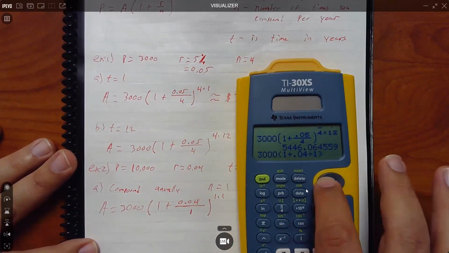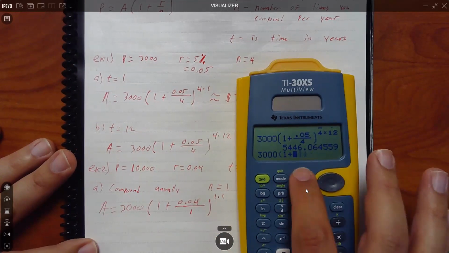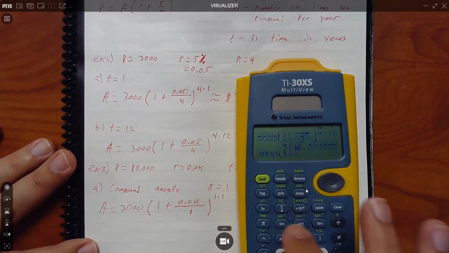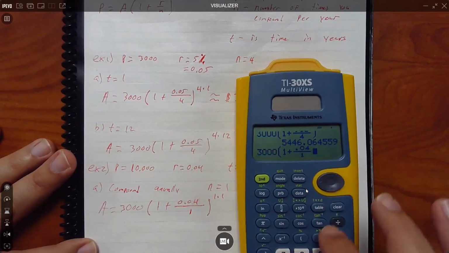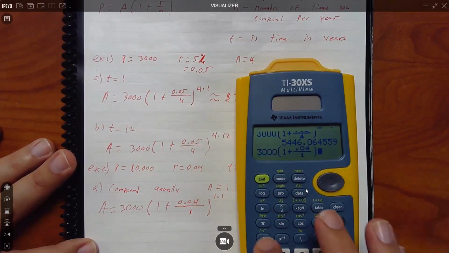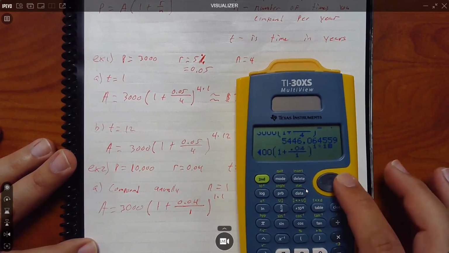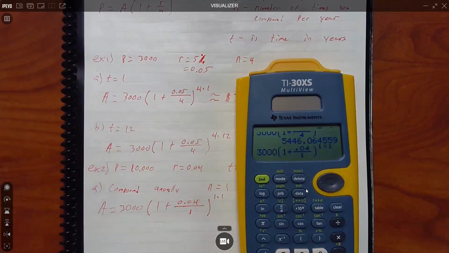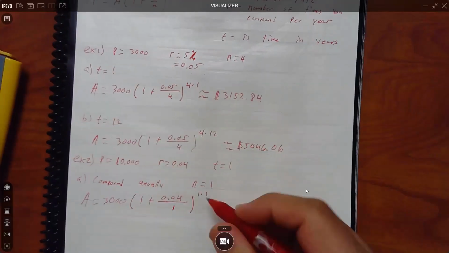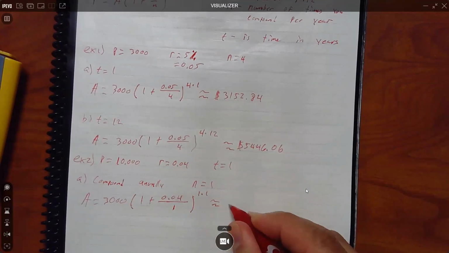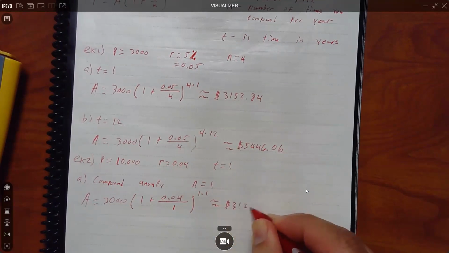I guess I could use a fraction point instead. It's prettier. 0.04, 1 to the 1 times 1. I know that 1 times 1 is unnecessary, but later we can just copy it and just replace it. So 3120 seems reasonable. It doesn't seem insane. So they have about 3,120.